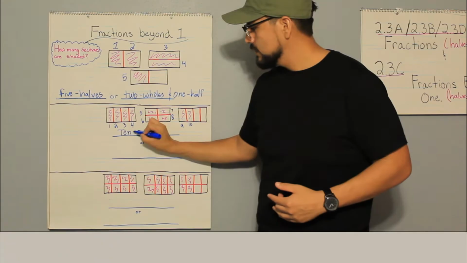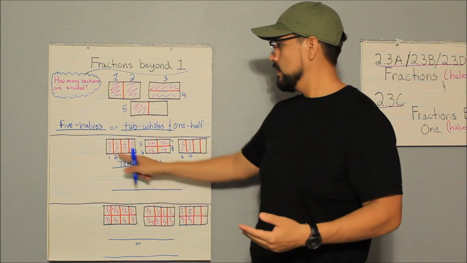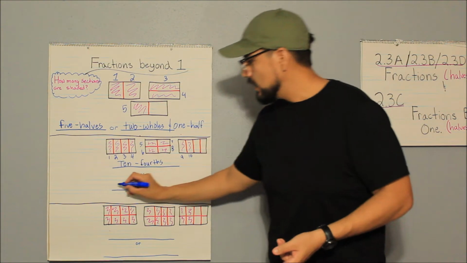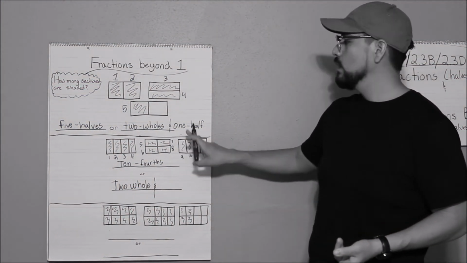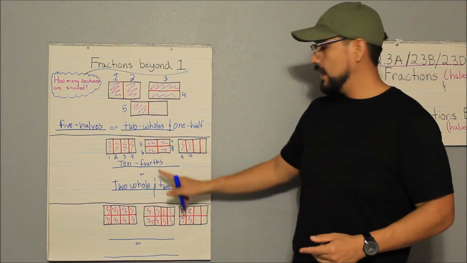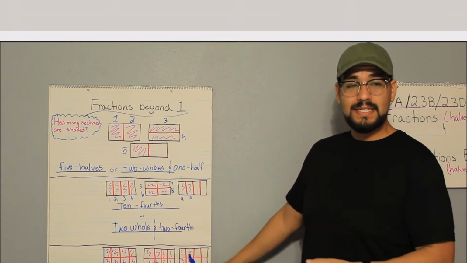So I have 10 fourths. How many wholes are shaded in? 1 whole is shaded in, 2 wholes are shaded in. So I can say 2 wholes and 1/4. So another way to say it is 2 wholes and 2 fourths.